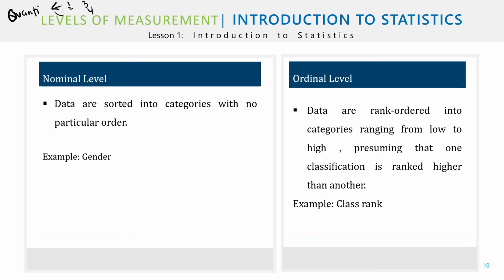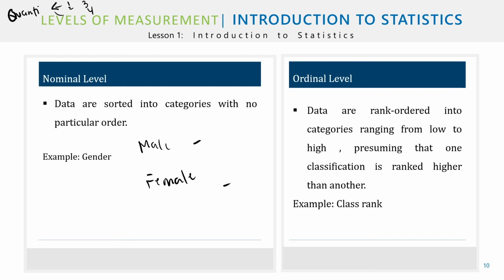Ang example niyan is gender. Diba? So, for the gender, we have male and female. Pero ang tanong, itong male and female ba, you can justify na mas lamang si male kaysa kay female? Diba hindi? So, kapag ganyan, that is an example of nominal level.